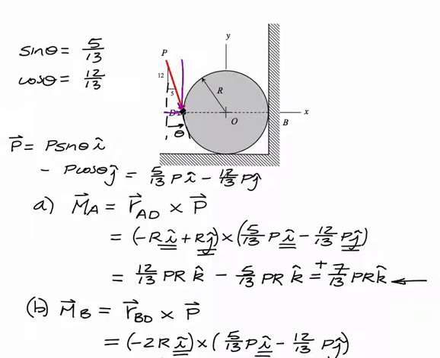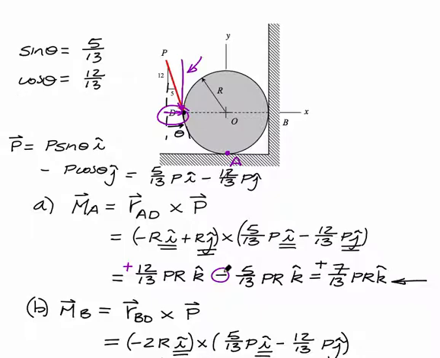If we're looking about finding the moment about point A, we see that this force here will cause a moment in the positive K direction, R cross F, whereas this force will be a minus. And that's really what we saw down here. There was a plus part and there was a minus. It turns out the plus part was bigger, so that's why it gave a plus.